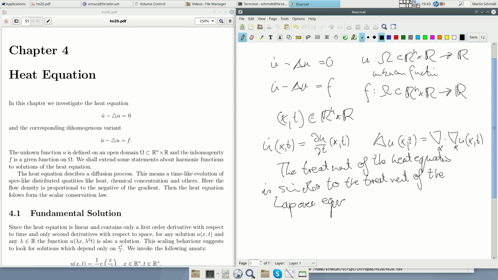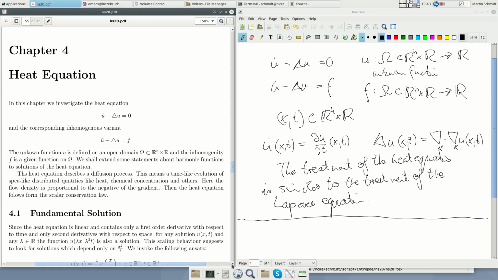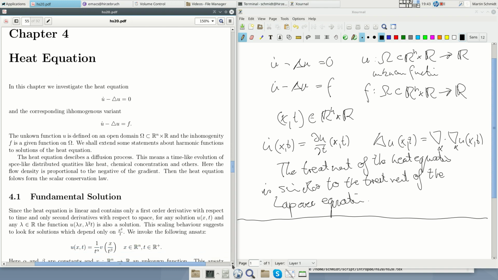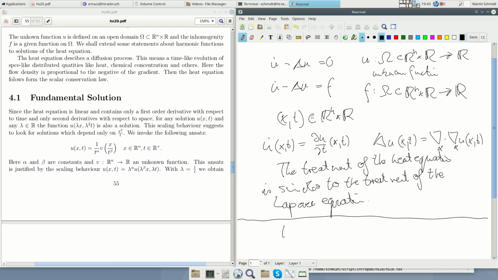And we try to make this analogy transparent. So we do more or less the same steps. Now in the first section we consider the fundamental solution.